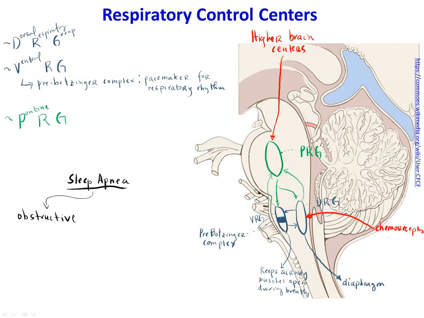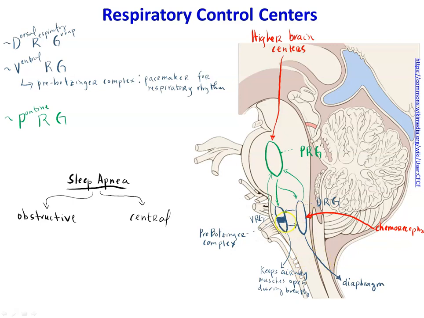You can pump the diaphragm, but the muscles are starting to collapse and cause the throat to collapse, and you can't get air in or out. Now, another way is central. And via central, right, is that the brain nuclei in here, and one of these, it's not sending any motor signals, and that is not good.